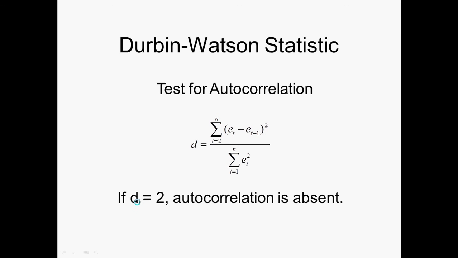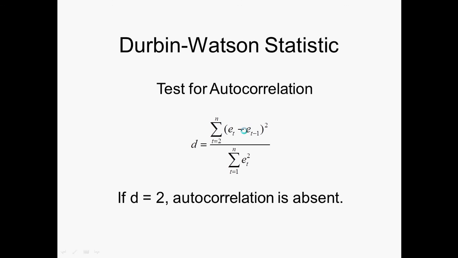So, okay, why is autocorrelation absent if d equals 2? These error terms, if they're not autocorrelated, then often one will be positive and the other will be negative.